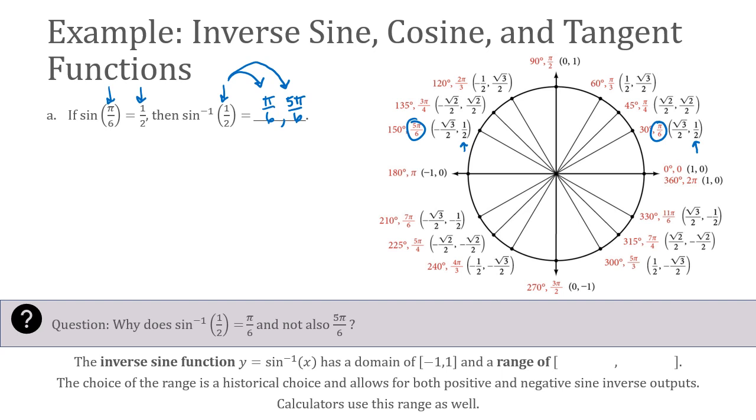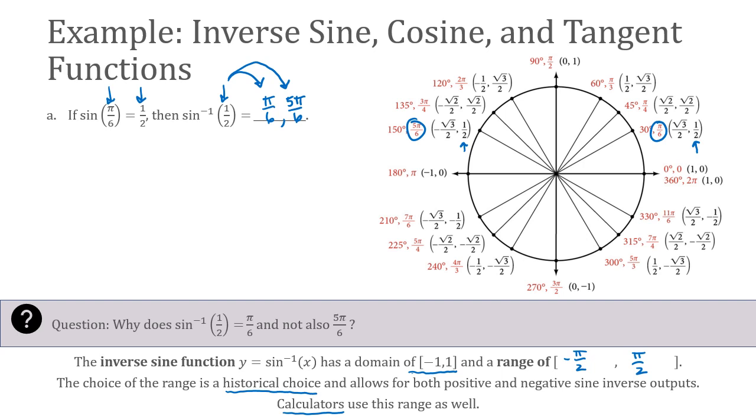And there's a historical choice here that is used in all of mathematics, and not only that, but in your calculators. For y equals inverse sine of x, we say that it has a domain of -1 to 1, including both of those values, and it has a range of -pi over 2 to pi over 2. We have brackets on that to say that it includes both of those values.